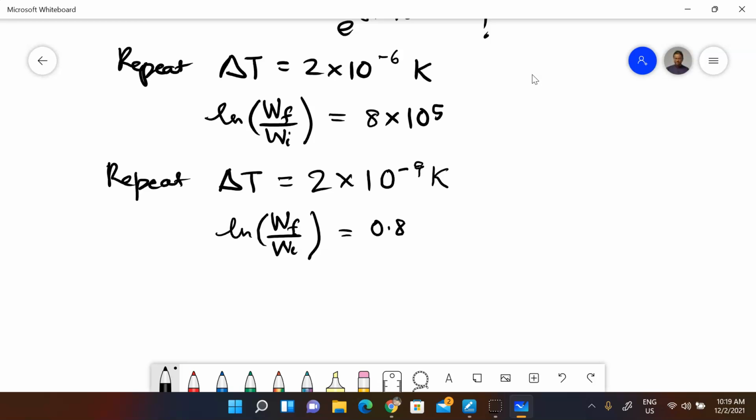So in this case, the change of the number of states is quite small, so here one could actually see thermal fluctuations.